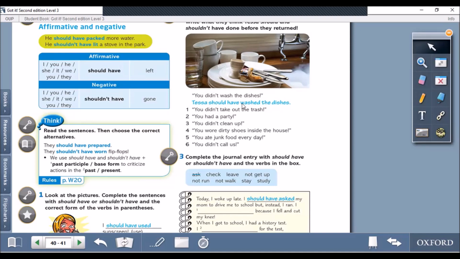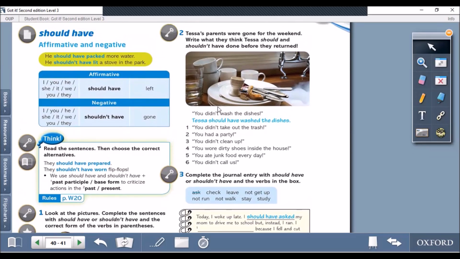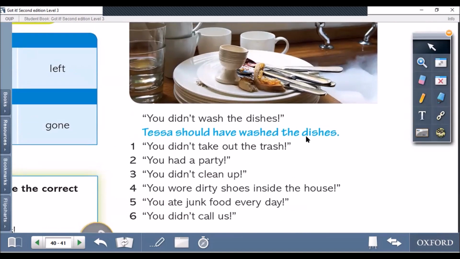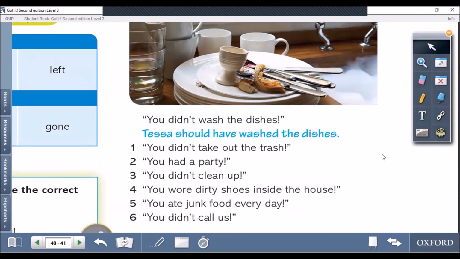Tessa should have washed the dishes. Okay? Now, take a minute to write all these different sentences and say what Tessa should or shouldn't have done. You can pause the video now to do the activity, and when you're ready, you can check the answers.